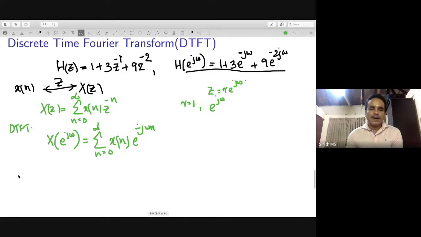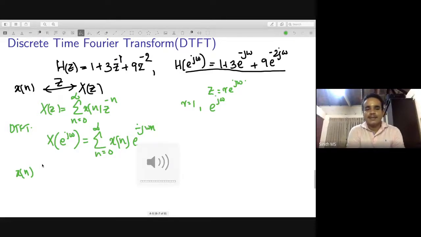Now your signal is xn, which is a discrete signal. If you have a discrete signal, can you tell something about the frequency domain representation? If something is discrete in one domain, what happens to the same thing in the other domain? One of you can unmute and tell.